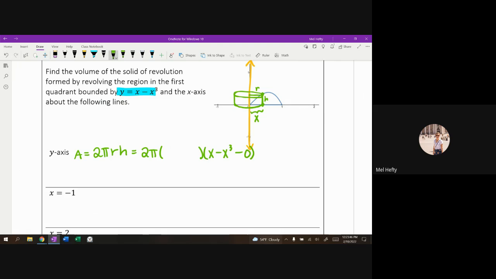Wherever I am, as I'm integrating, that distance is x. So this is going to be our variable of integration. If you want a top minus bottom situation, you're always going to use your variable of integration minus your axis of rotation. So sometimes I like to consider this distance x, my axis of rotation, I'm doing x minus 0. If you want to think about distance, that distance is x, and then we can adjust if our axis of rotation is different.